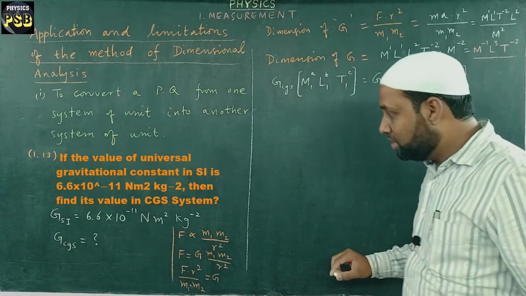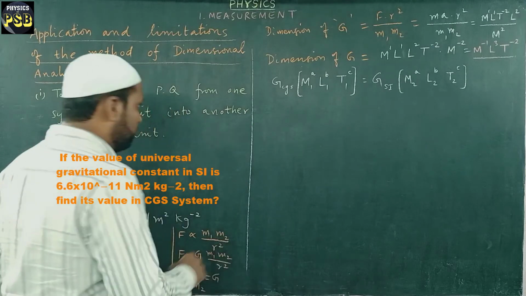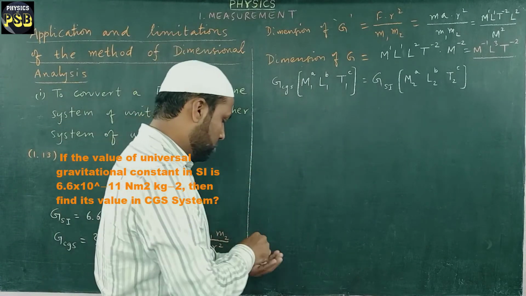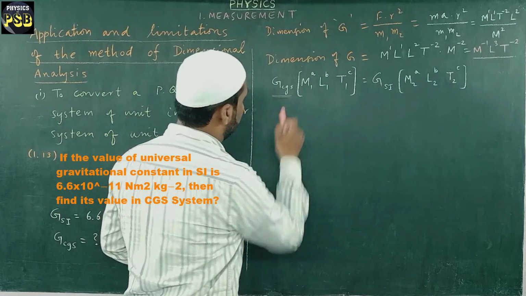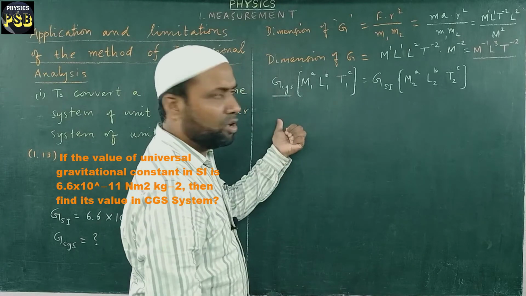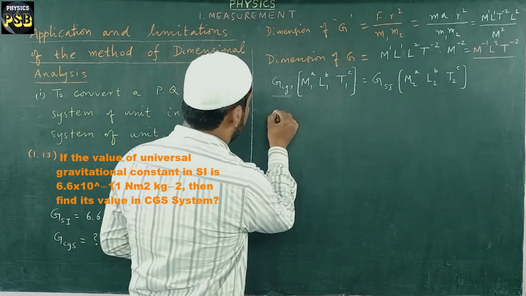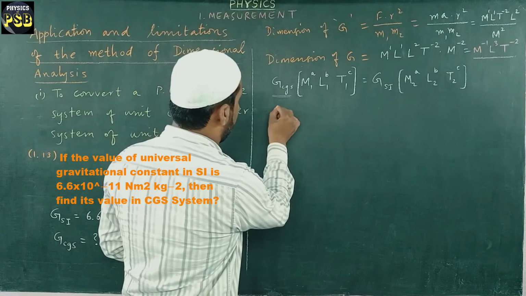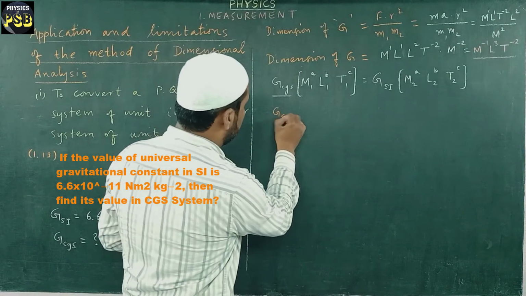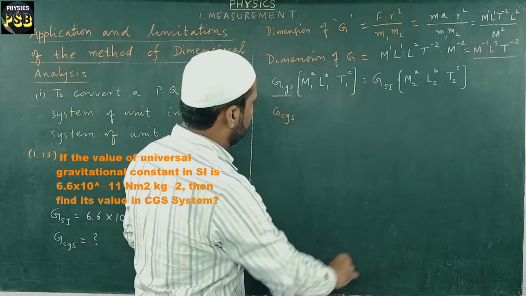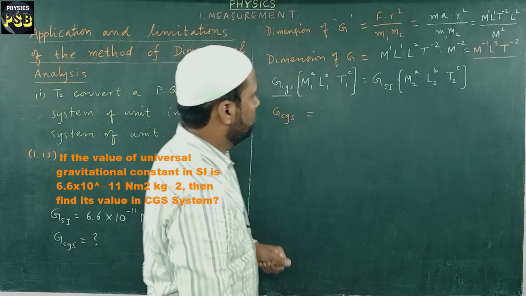Then afterward, our aim is to find the value of this. Now I'm going to find out its value. So this alone is kept on the left hand side, and the remaining terms are taken to the other side. So what do I get?